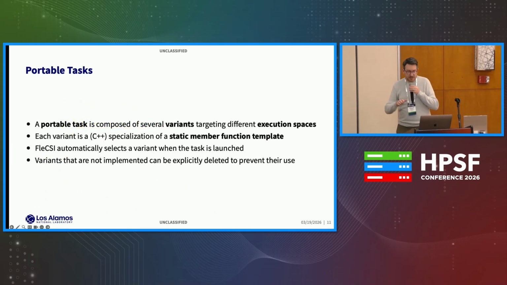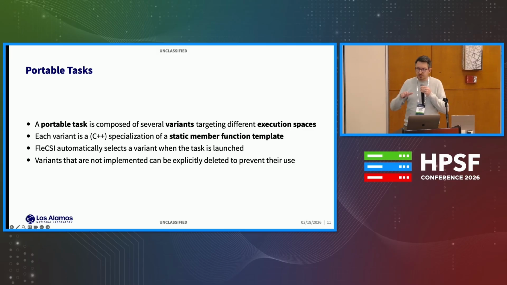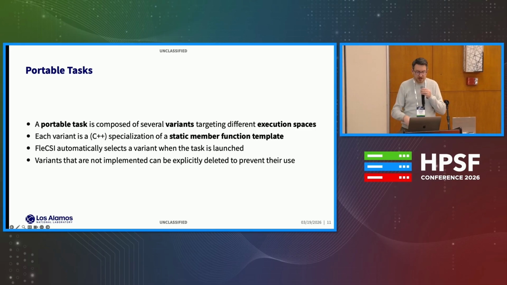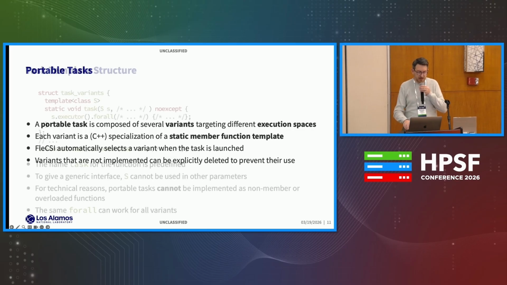Okay, so the final thing I wanted to mention just on a high level: sometimes you want to have tasks that are implemented differently on different execution spaces, so maybe you want an OpenMP implementation and a GPU implementation. We do this through C++ specialization, and that gives FleCSI the capability to select the right implementation depending on what it figures out it has to do.